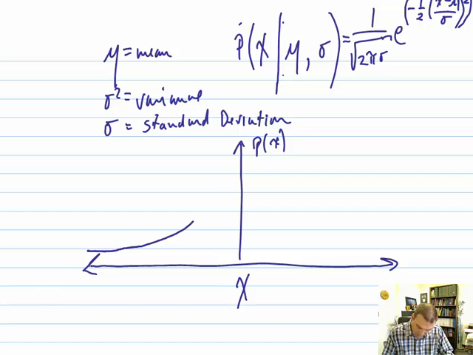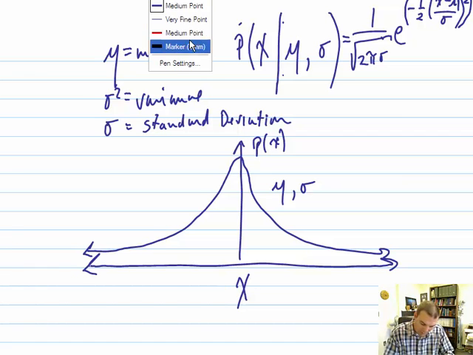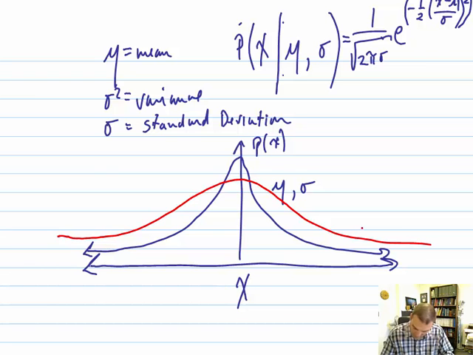I'm going to plot two curves: a blue curve, characterized by mu and sigma, and a second curve, a red curve, also characterized by mu and sigma.